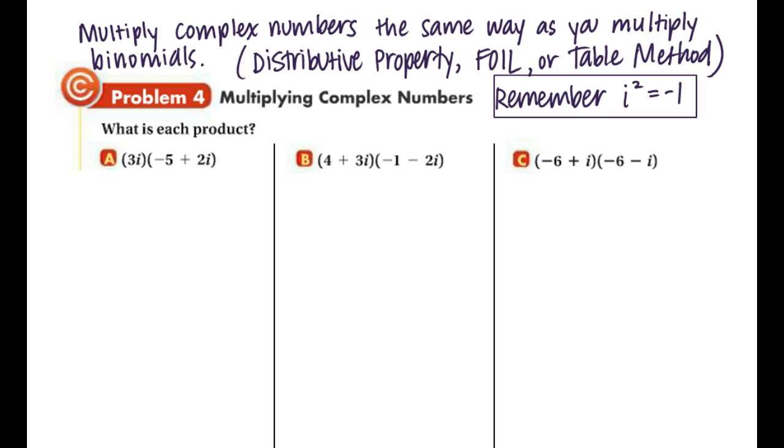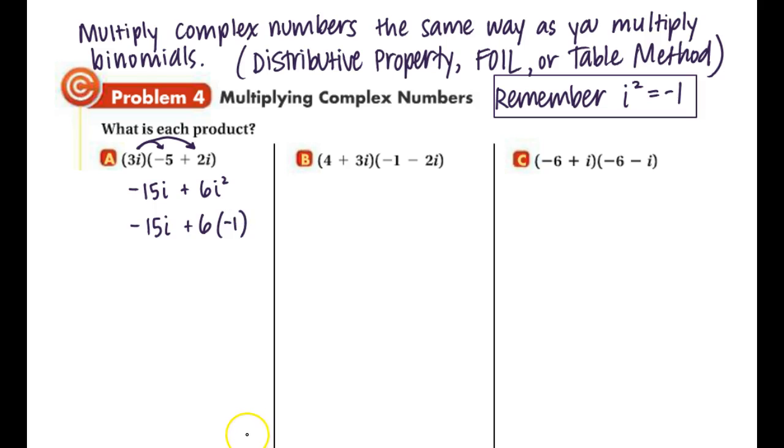We're given 3i times the quantity negative 5 plus 2i. I'm going to distribute the 3i to both terms inside the parentheses, and I'm going to get negative 15i plus 6i squared. Remember that i squared is equal to negative 1, so negative 15i drops down, but for the i squared, I'm going to multiply by negative 1.